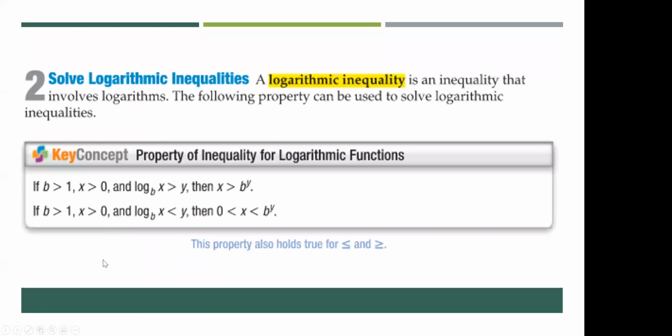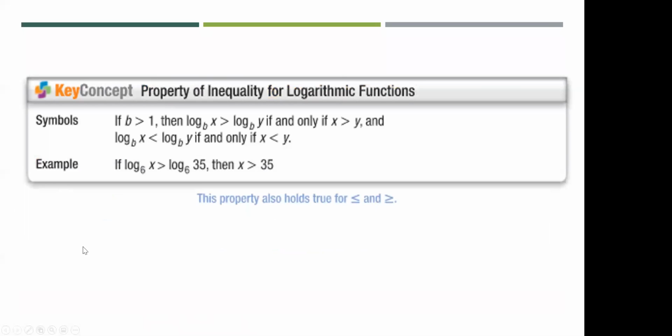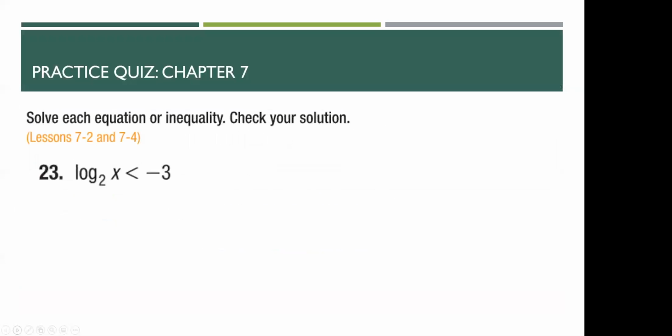So now we have a logarithmic inequality. Same idea, but keep in mind for logarithmic inequalities that x has to be greater than 0. That is key. x cannot be negative. x has to be greater than 0. So let's go ahead and look at a problem.